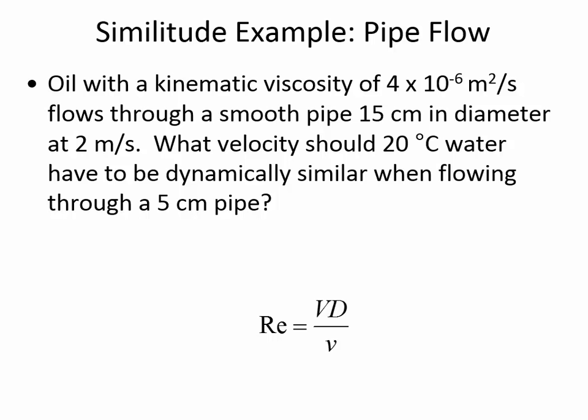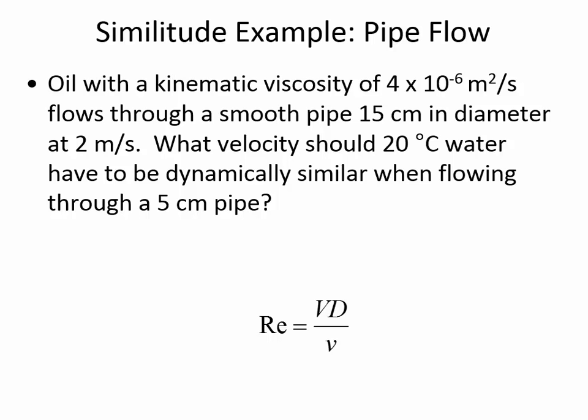Now, if we want to model that in the lab with a smaller pipe, a 5-centimeter pipe, and we want to use water instead of oil, then what velocity should we use in the lab when we do that with water instead of oil? You can use the Reynolds number that we had on the board from the previous example, or here is the Reynolds number using the kinematic viscosity.